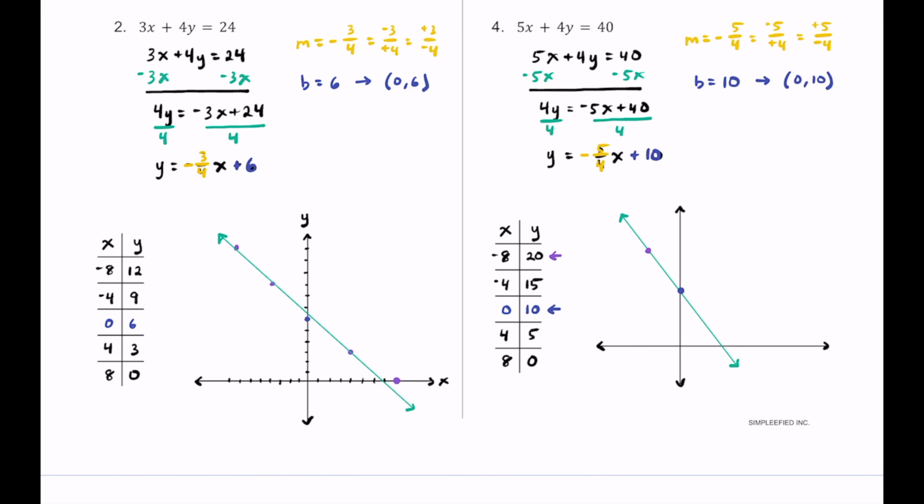Okay, it's got to be in quadrant 2. And then for -4, 15, I think that's somewhere right around here. And then for 4, 5, maybe that's somewhere right around here. And then 8, 0, that one works out pretty nicely because it's got to be on the x-axis. It's the x-intercept. And so that would be right over here. So these are some rough estimates for these points.